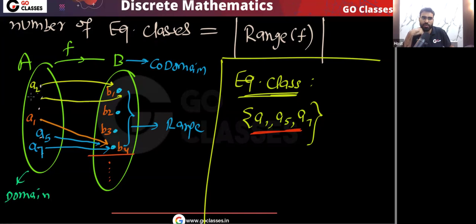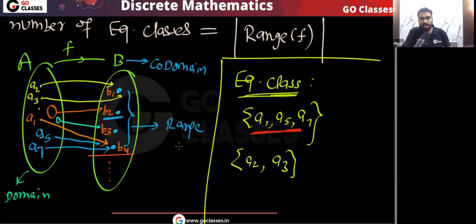Let's assume you have A2, A3. So A2, A3 will also create an equivalence class. All the elements which are mapping to B2 will create an equivalence class, and all the elements mapping to B3 will create an equivalence class.